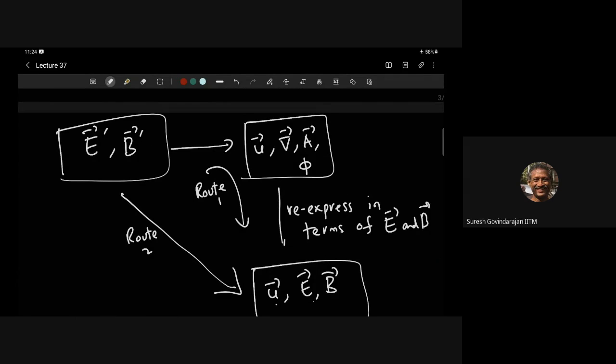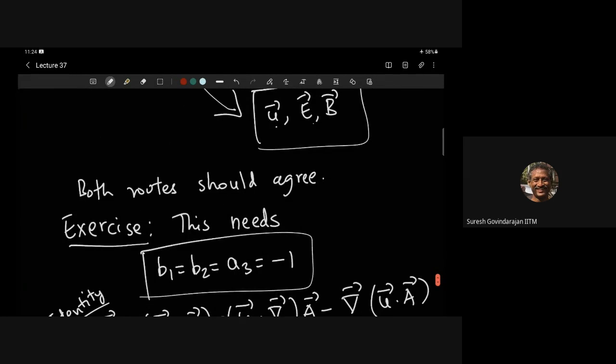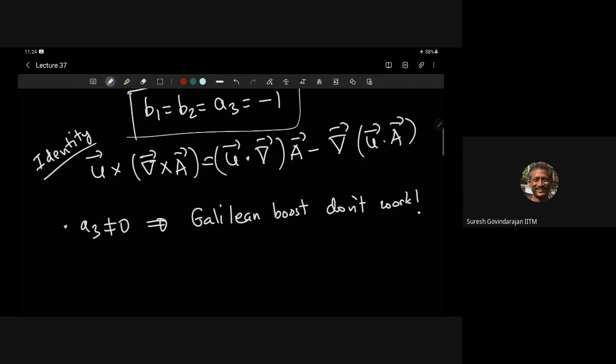It doesn't matter which way you do it. This is the first statement, and the most important statement is that A3 is not 0, which implies Galilean boosts don't work. Is this clear? This is very, very important.